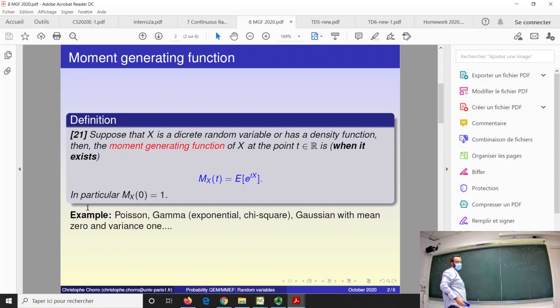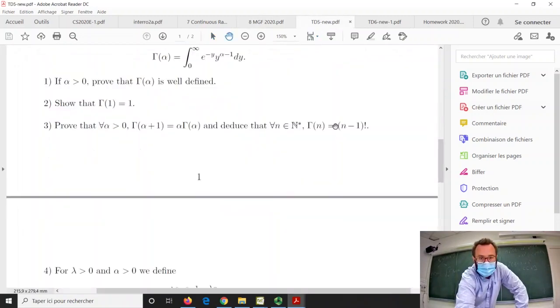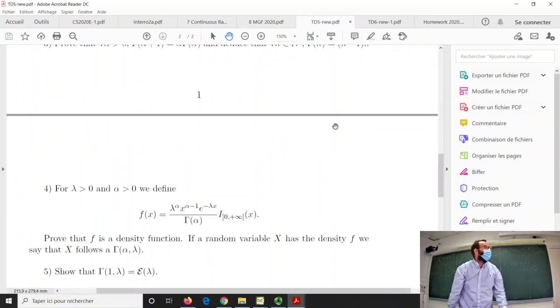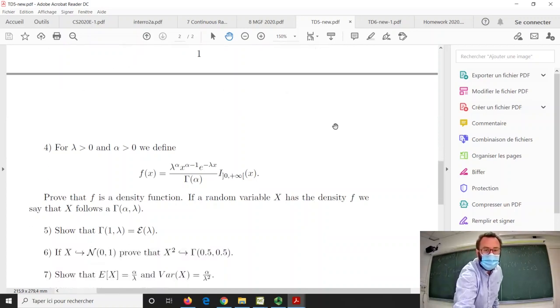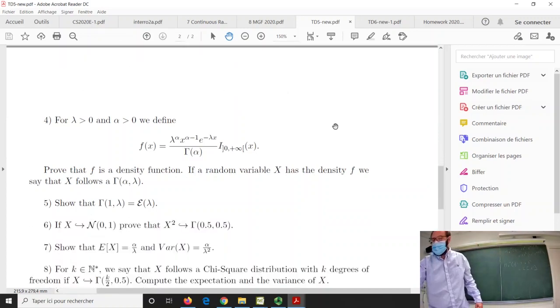So let's come back to the definition of the gamma we have seen together, the density of a gamma. Suppose that x follows the gamma of parameters alpha, lambda. If I am interested in the moment generating function of x, I am in the situation where I have a density function, so this moment generating function will be expressed as an integral.